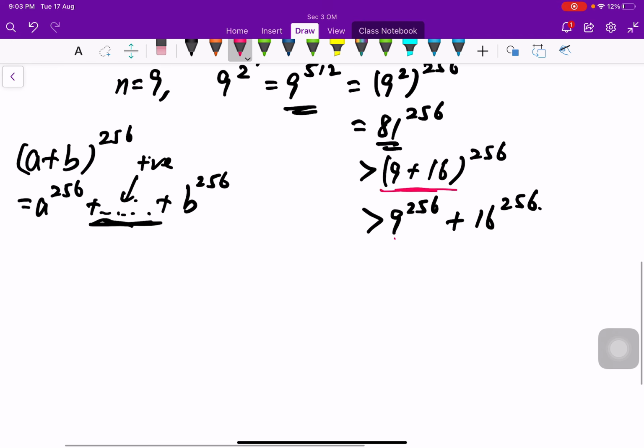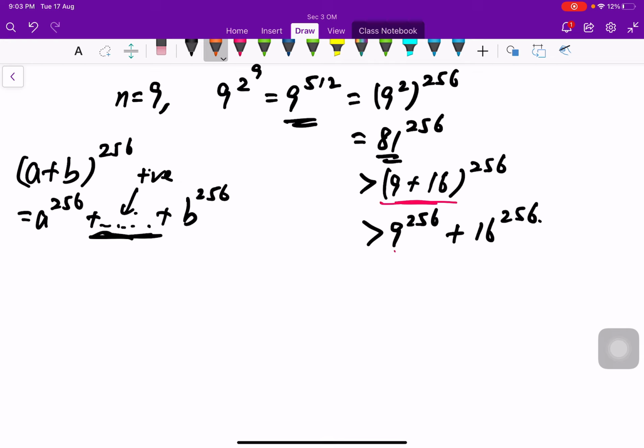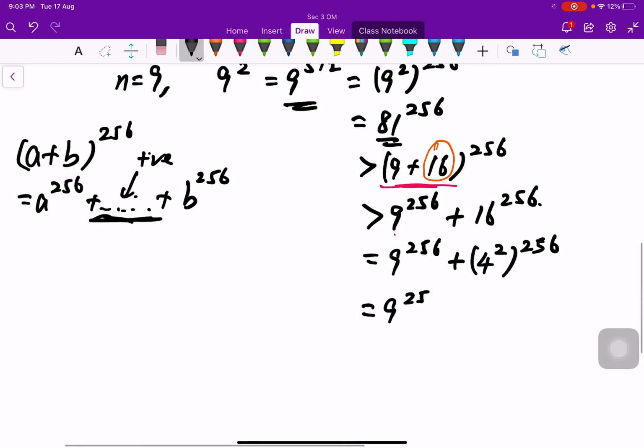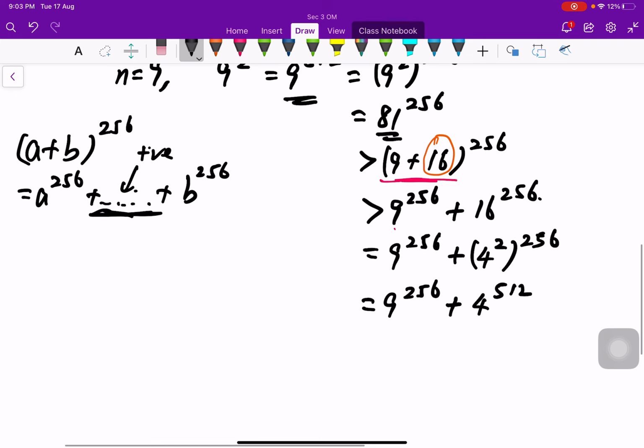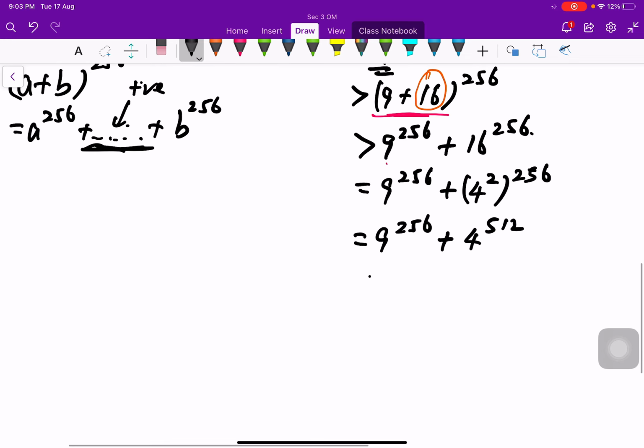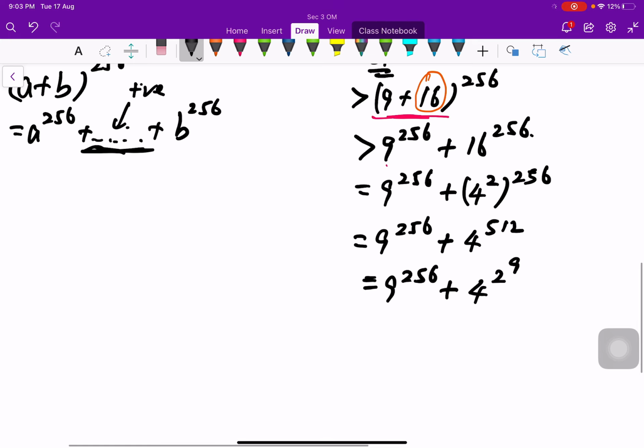Then what I want you to realize is why I use 16. I use 16 with a reason, because you know why? This is 9 to the power of 256 plus 4 squared, and then raised to the power of 256. And this is actually 9 to the power of 256 plus 4 to the power of 512, which is 4 to the power of 2 to the power of 9.